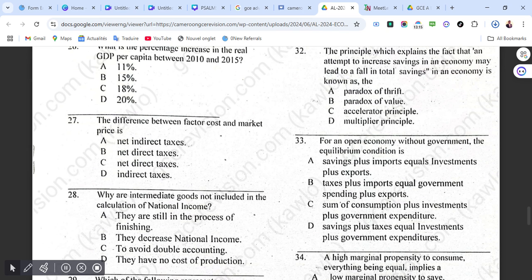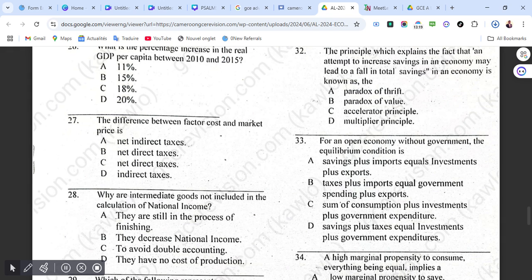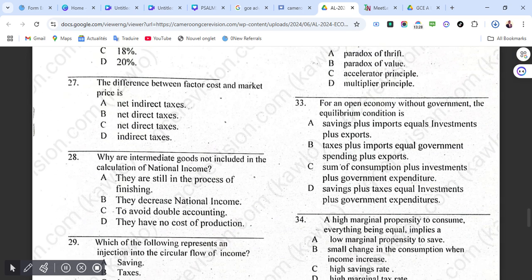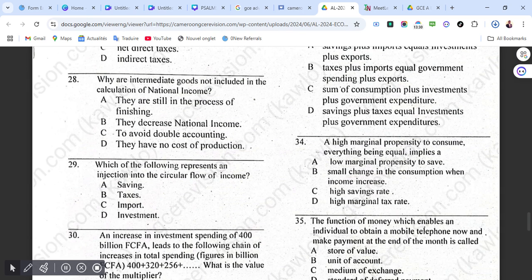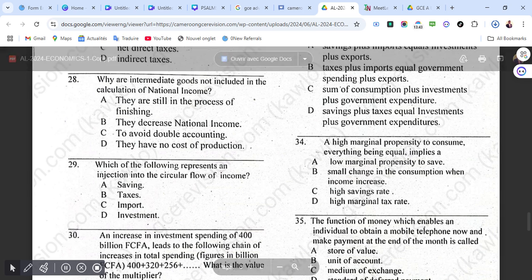For an open economy without government, the equilibrium condition is 33A: savings plus imports equals investment plus exports. 34. A high marginal propensity to consume, everything being equal, implies a... correct answer for 34 is D, high marginal tax rate.